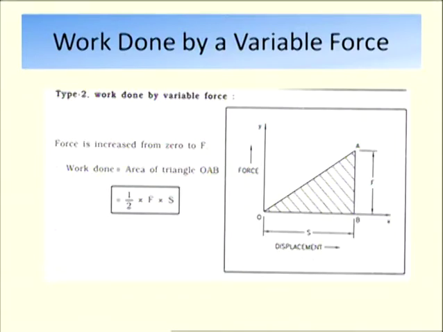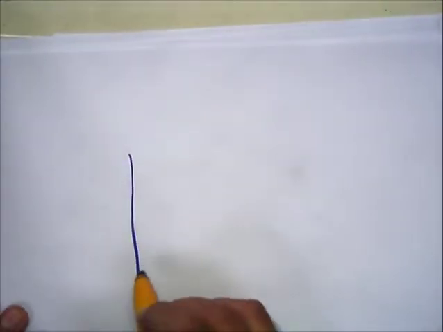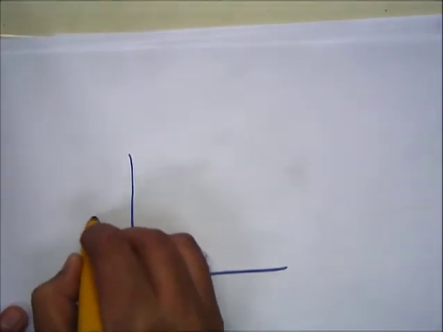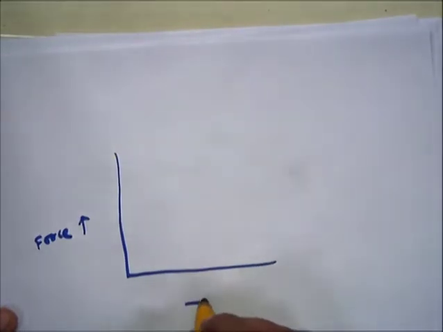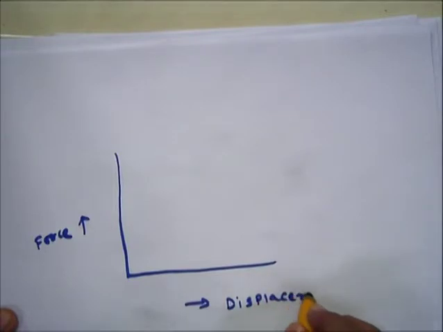What happens if the work is done by a variable force? What is a variable force? There are many cases in which the force is 0 or somewhat less, and gradually it increases up to a maximum limit. So how can we find the work done? You can see the graph, force versus displacement.